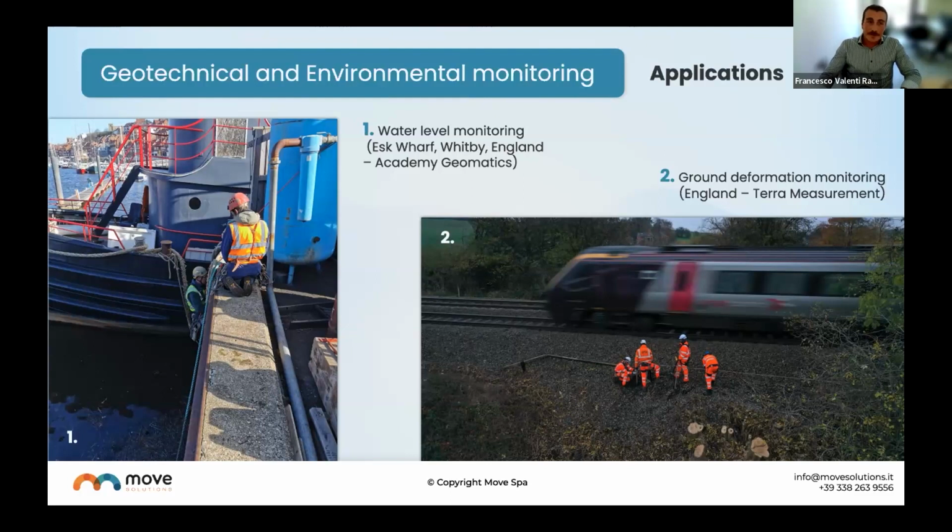Another brilliant project from England, and this one is from Terra Measurement, another UK partner, is this ground deformation monitoring project that you can see in picture number 2.